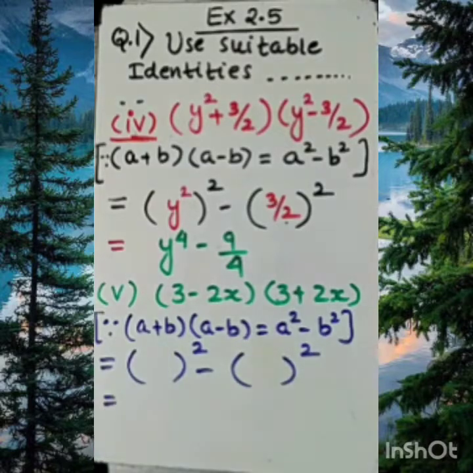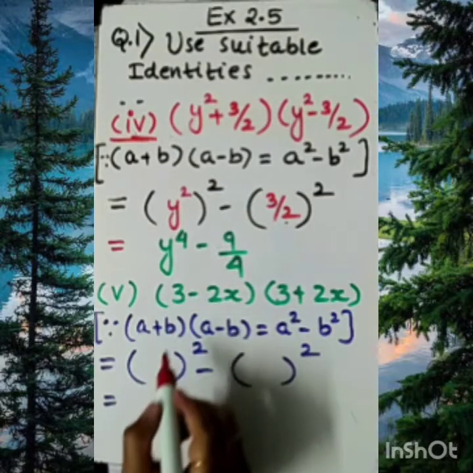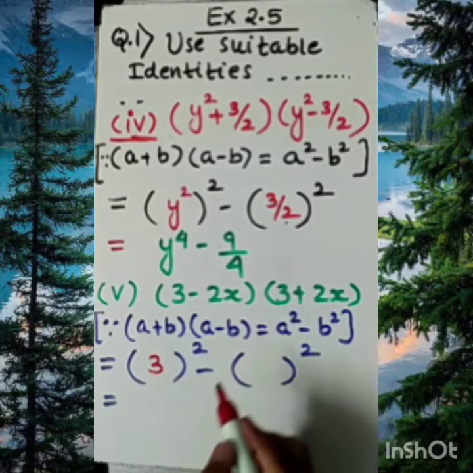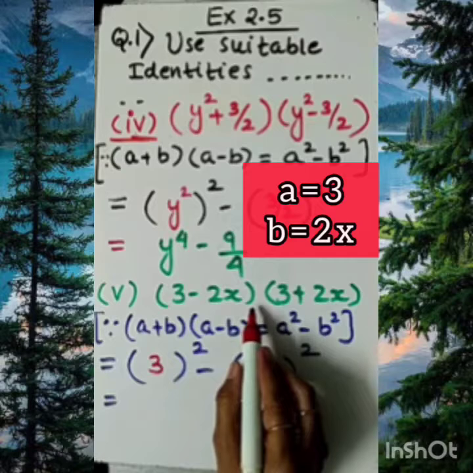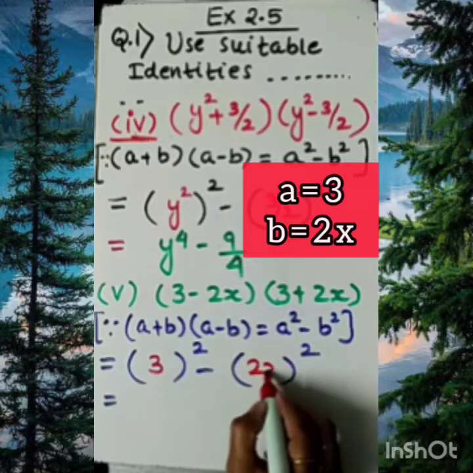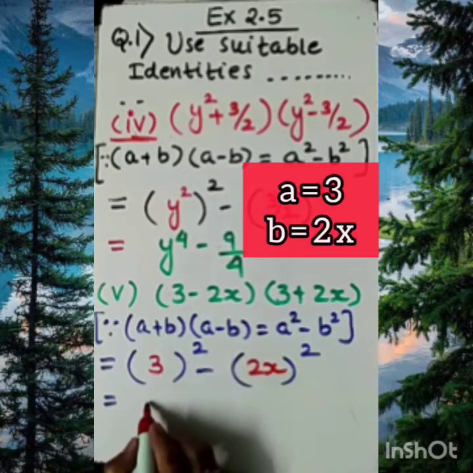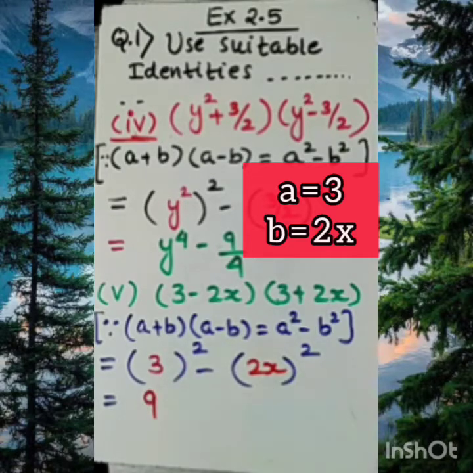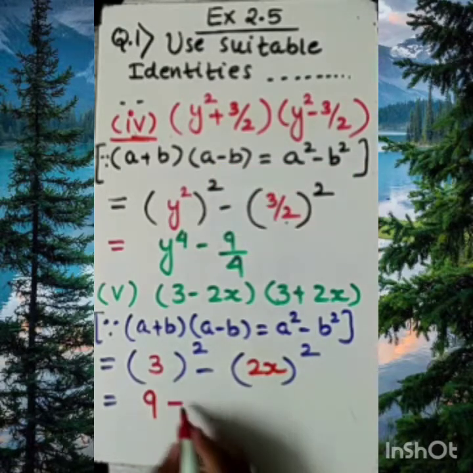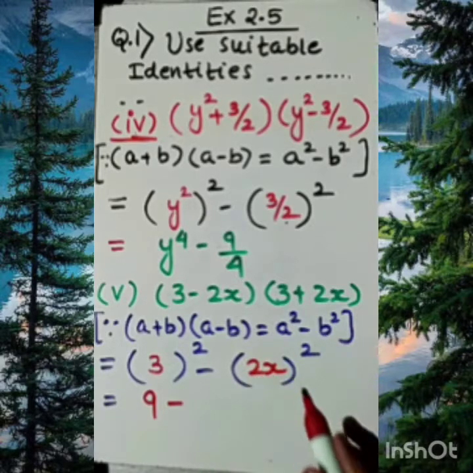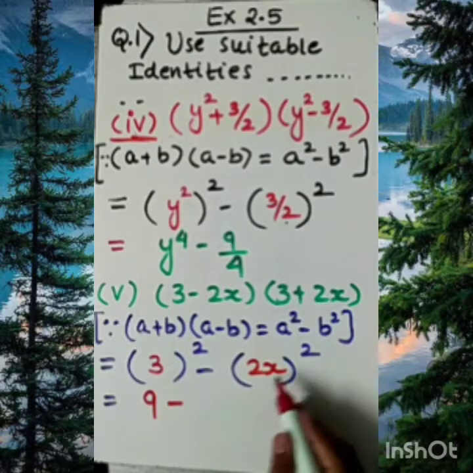And according to this it is a square minus b square. What is a here? Of course, if we compare, the first term is a, that is 3. What is the second term? It will be 2x here. So I need to mention here that 2x is the second term. Now 3 square will be 3 into 3, that is 9, minus 2 square, which is 4, x square.